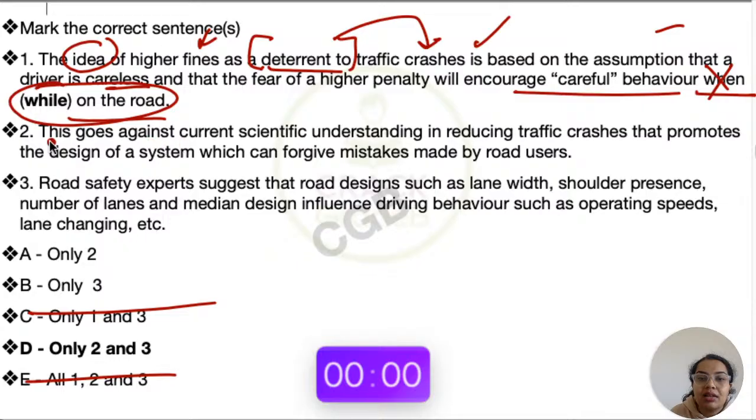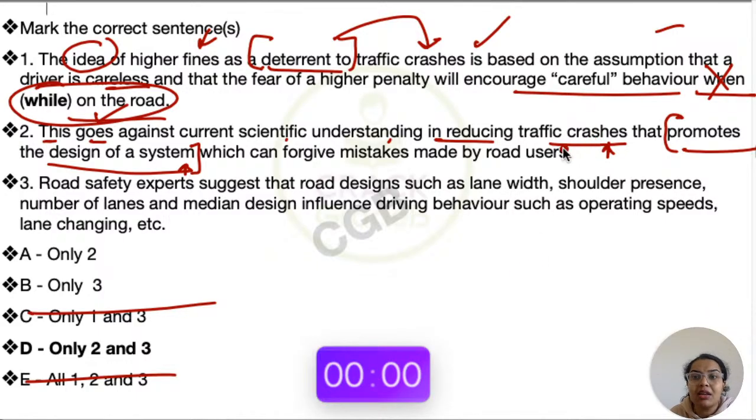This is singular, so "goes" is correct. Against current scientific understanding. In what? In reducing what? Crashes that promote. Now please understand. Now crashes that promotes the design of a system. Tell me one thing. When you read this information, promotes the design of a system, does this relate to crashes?